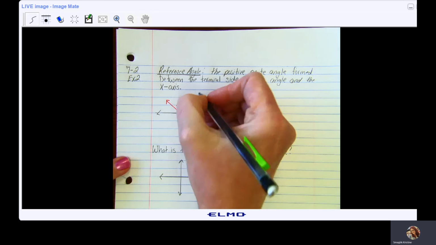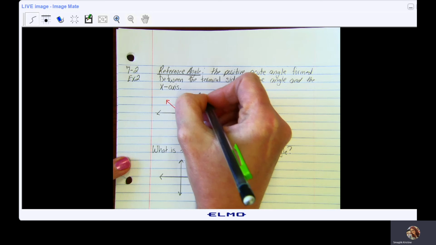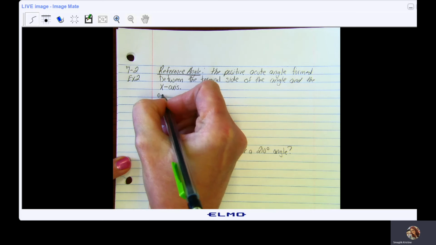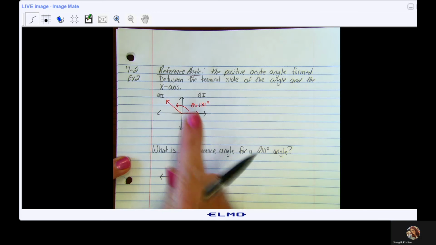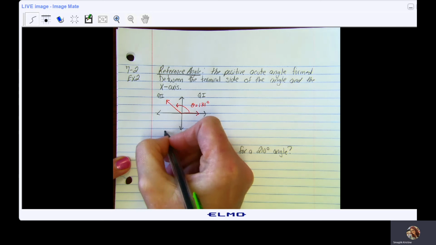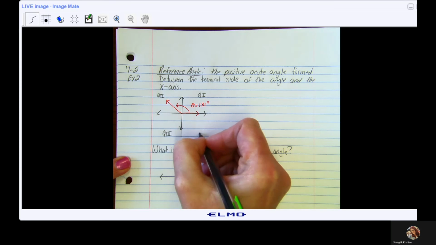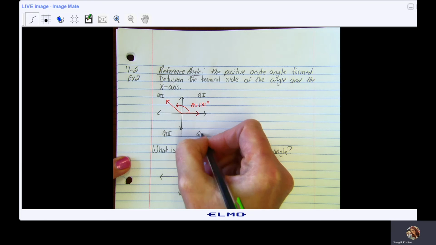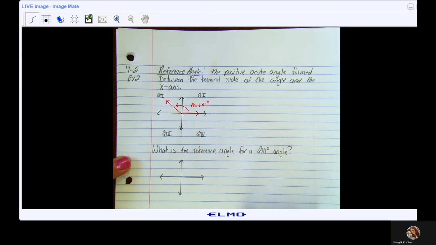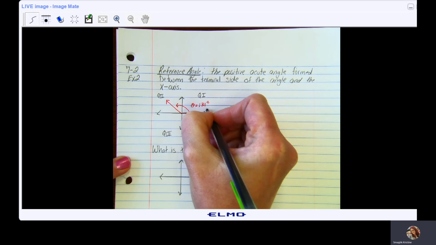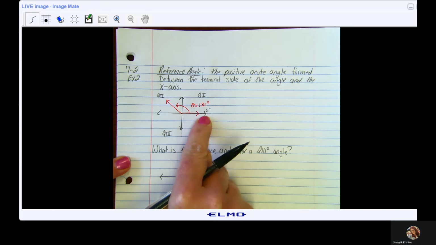Quadrants. If you're in the upper right, you're in quadrant 1. Upper left is quadrant 2. Lower left, quadrant 3. Lower right, quadrant 4. Also know too, here we're at 0 degrees.